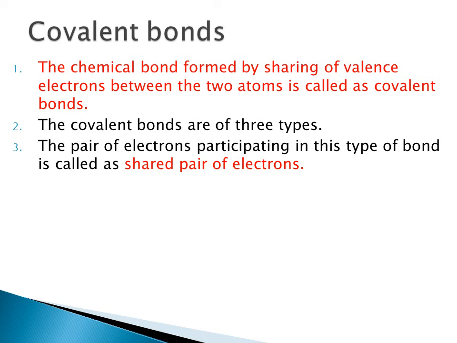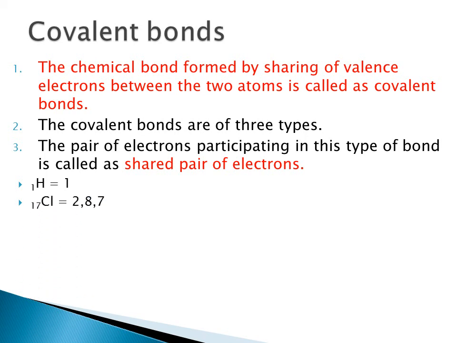So let us take the example of formation of hydrogen chloride molecule. In this molecule of hydrogen chloride, there is a presence of hydrogen and chlorine atom. Atomic number of hydrogen is 1. That means it has 1 electron in its first shell. Its first shell is its outermost shell.